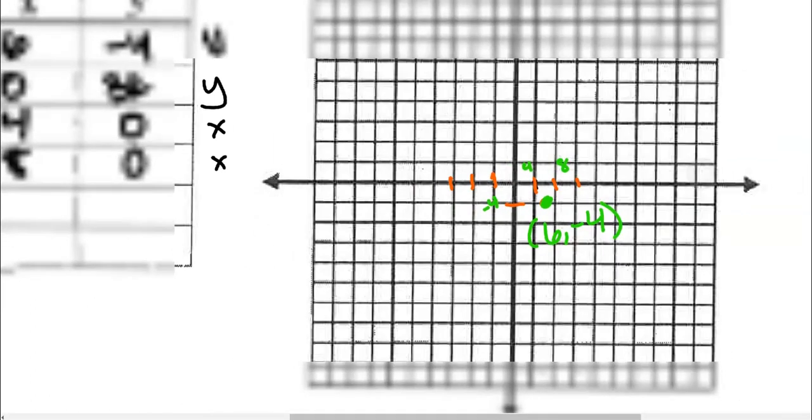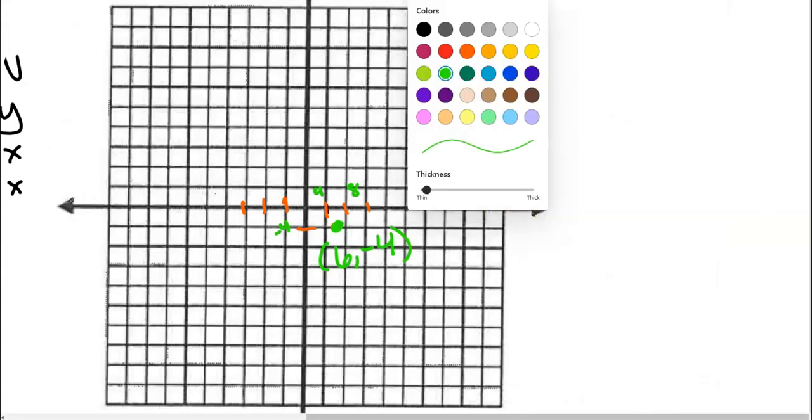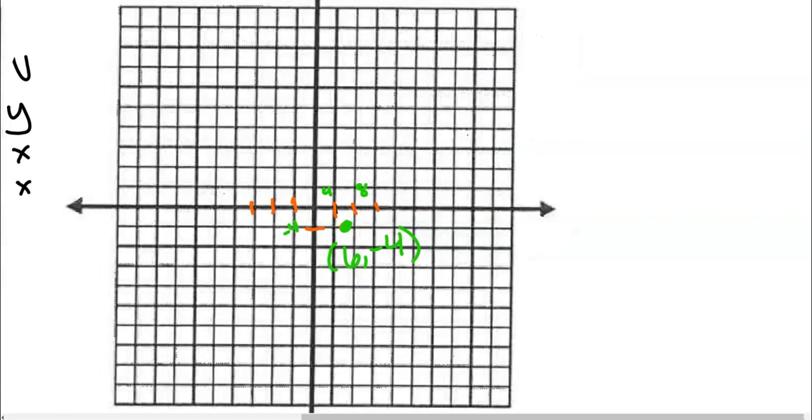All right. And we're doing this because my y-intercept is going to be all the way up here at positive 32. So we have 4, 8, 16, 24, 28. Here is 32.